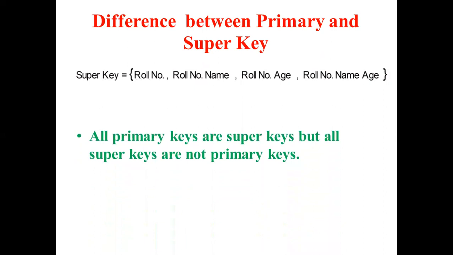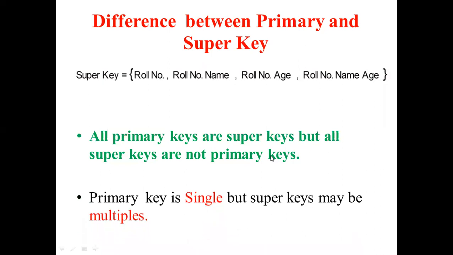So we come to the conclusion that all primary keys are super keys, but not all super keys are primary keys. Of all the combinations over here as super keys, roll number is the primary key. So a primary key is always a part of a super key, but the remaining attributes are not all primary keys. It means that not all super keys are primary keys.